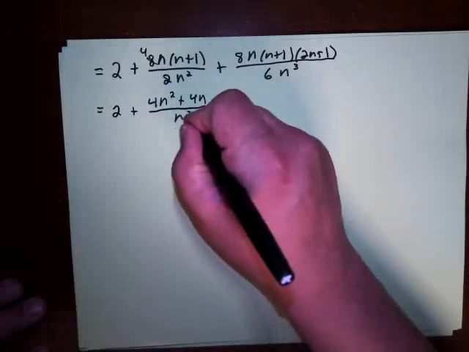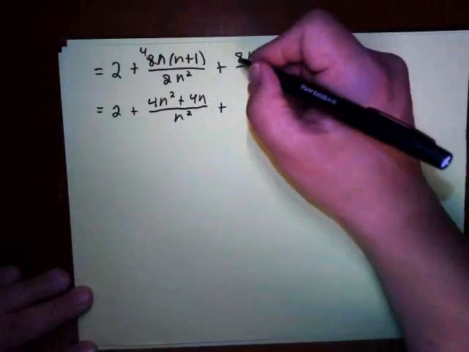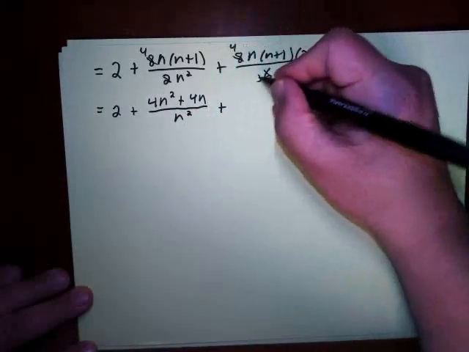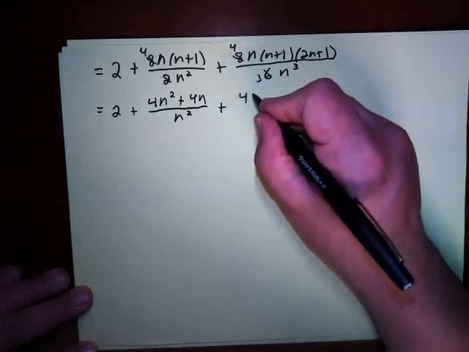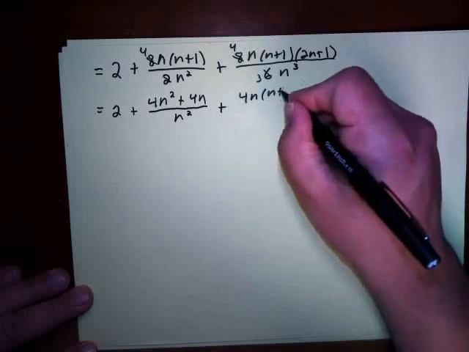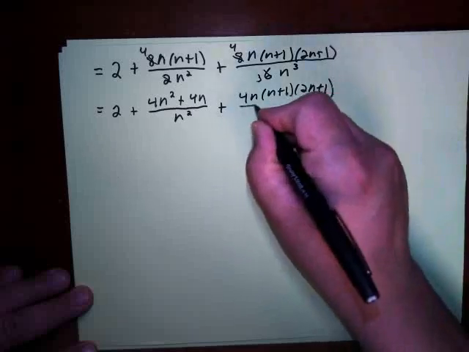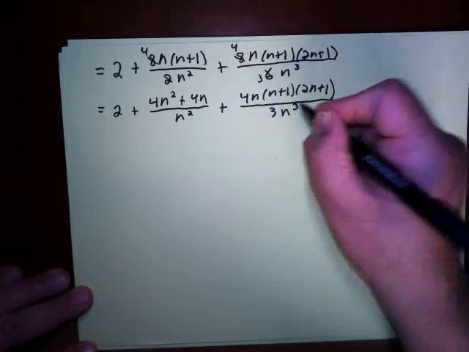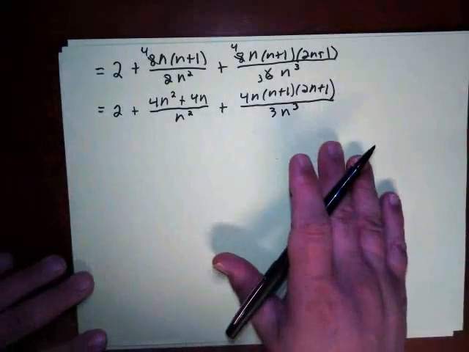all over n squared, and then this would be plus, and then this would be a 4 and a 3, so this would be 4n, I'm going to keep it like this for now, 2n plus 1 all over 3n cubed. So I got all of this.